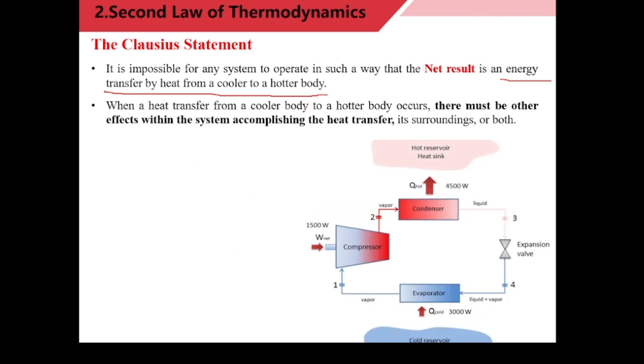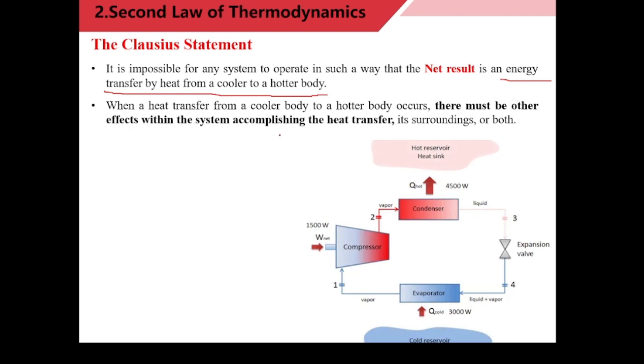When heat transfer from a cooler to a hotter body occurs, there must be other effects within the system accomplishing the heat transfer, its surroundings, or both. So whenever this is happening, there must be some other effects also.